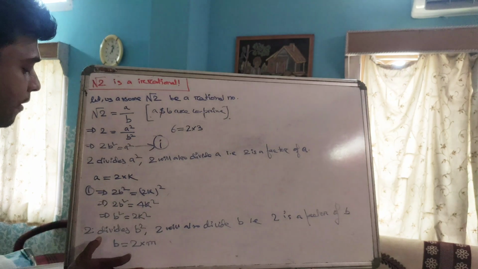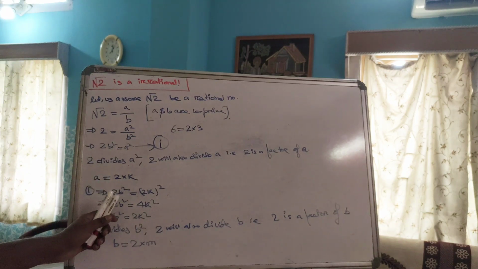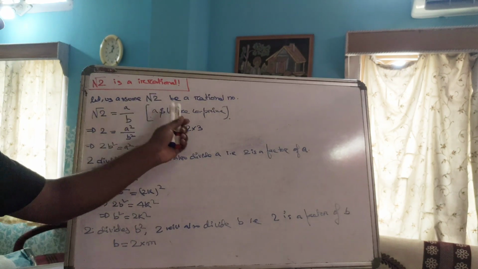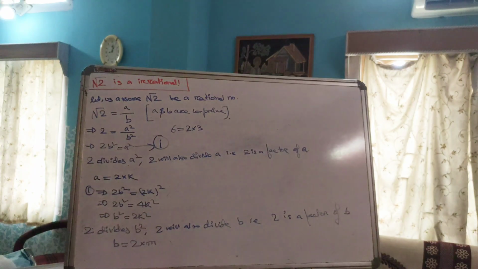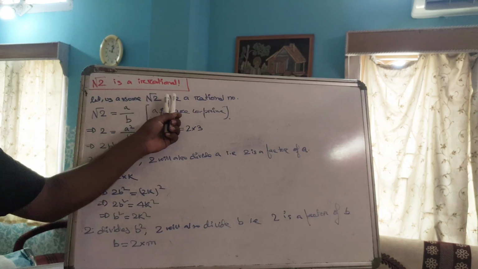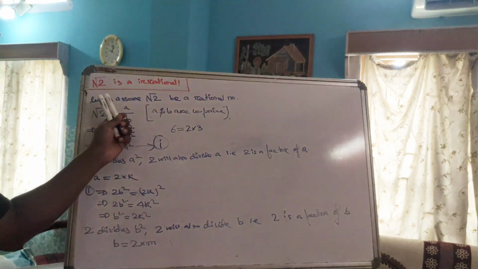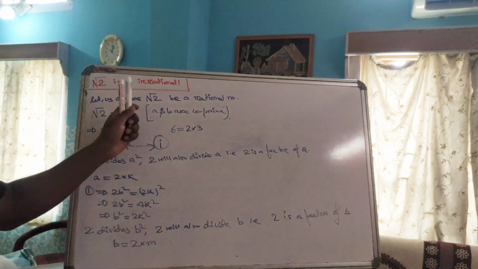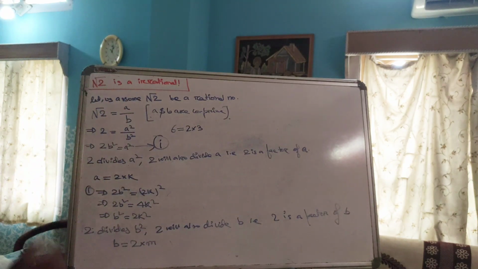So this leads to our contradiction that a and b are not co-prime, and this contradiction has arisen because we have assumed the square root of 2 to be a rational number. Our assumption was wrong, so we can say the square root of 2 is not a rational number.